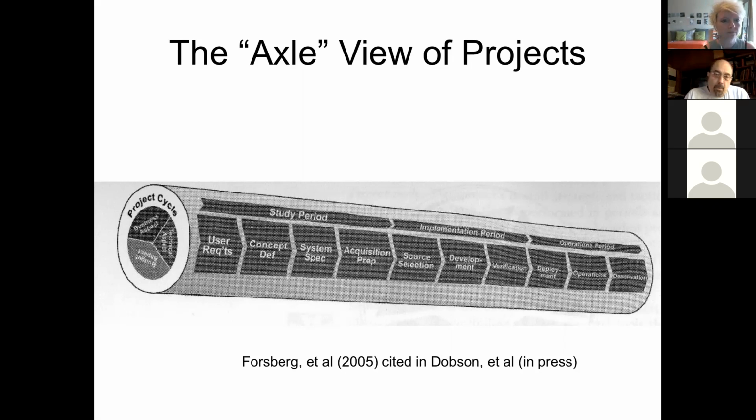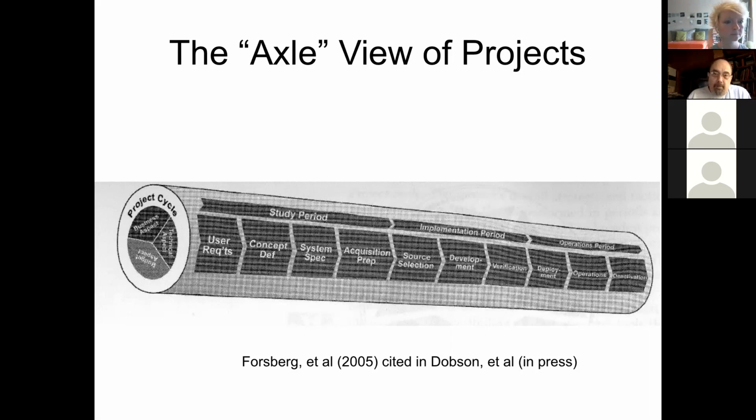But the thing I don't like about this is that this is a linear representation of a project, and that's dangerous. It can be misleading. But there are budget aspects, there are business aspects, and there are technical aspects of each one of these. And so that's kind of the way a project workflow works.